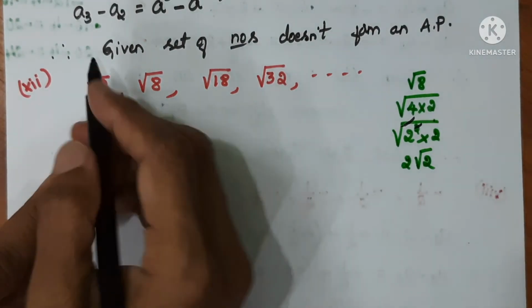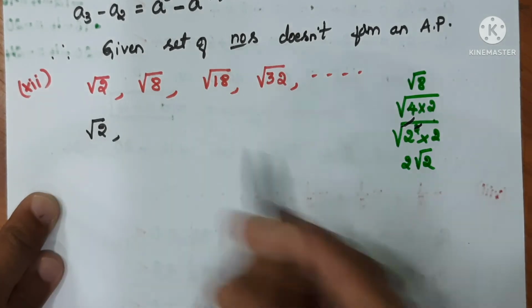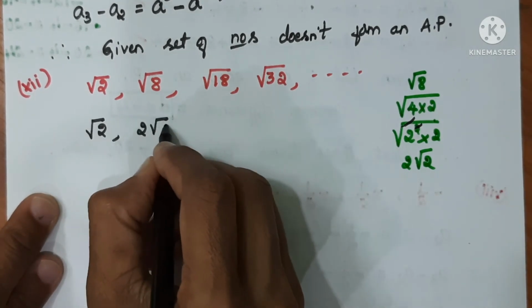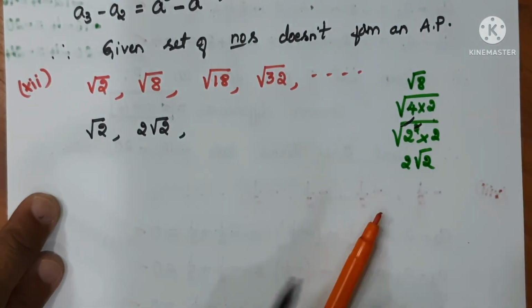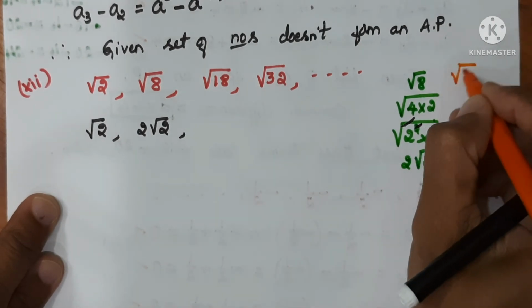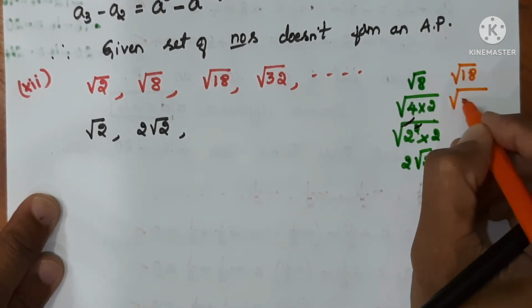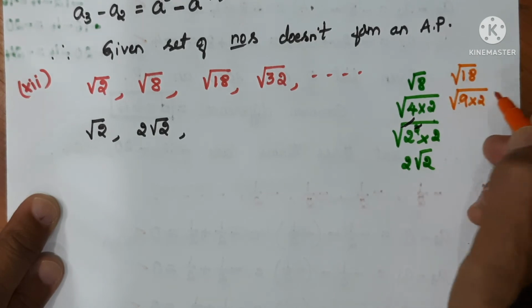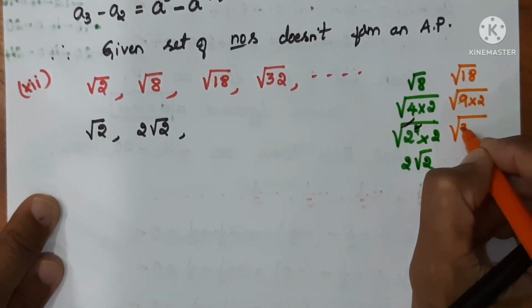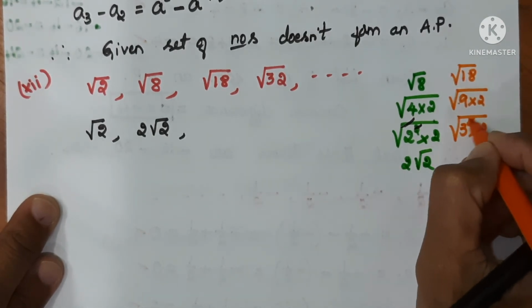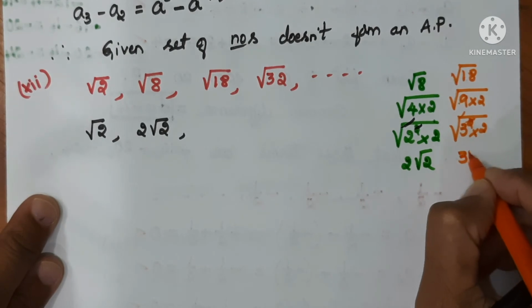Means the first term is root 2, second term is 2 root 2. Similarly, third term is root 18. We can write root 18 as root 9 into 2. 9 is a square number, which is 3 square into 2. Here square root get cancelled, so 3 root 2.